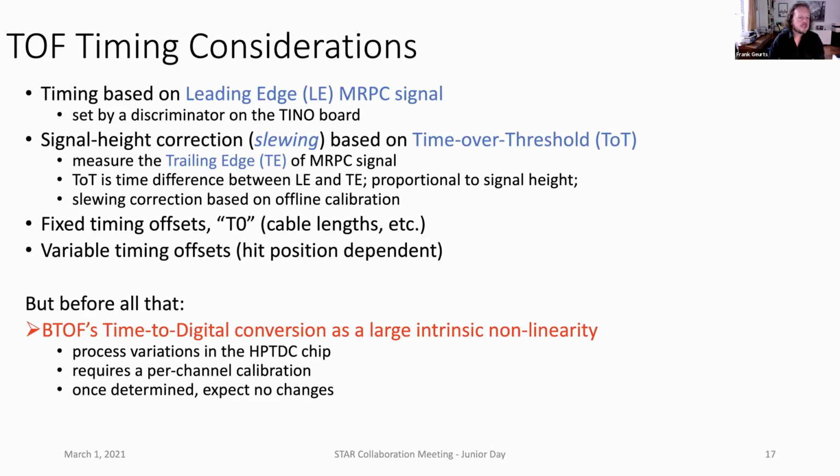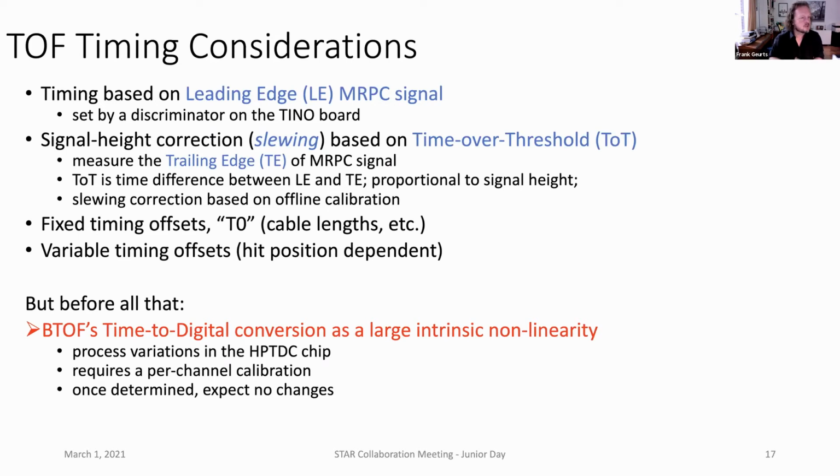But before we can do any or all of that, it's important to realize that the time to digital conversion that we opted for in STAR, and ELISE for that matter, is one that comes with a chip that has a very large intrinsic nonlinearity. And I'll show you in a second what that means.